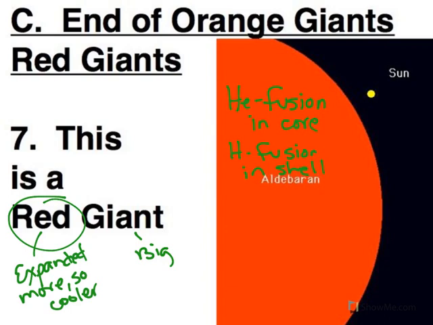Higher mass stars, as we will see, will go beyond this in terms of giant stages. But for smaller stars like our Sun, this is it until we run out of helium. And then we'll go into the next stage for both types, whether it's high mass or low mass stars. But this is a red giant.